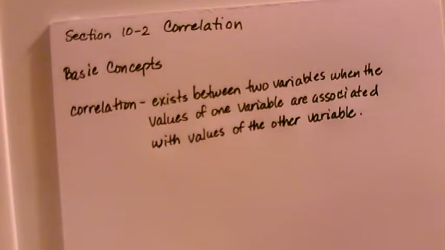That's the basic definition of a correlation. It exists between two variables. So here, one variable has to be associated somehow with the values of the other variable.